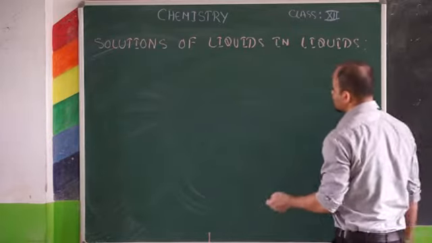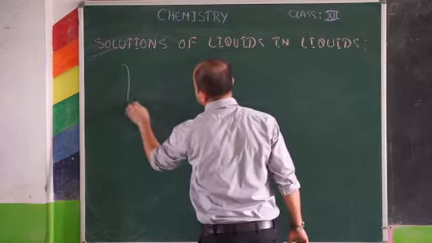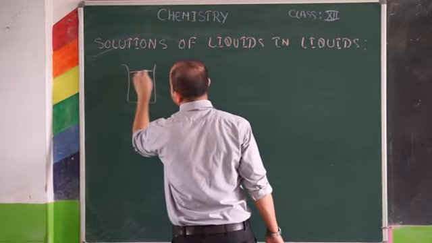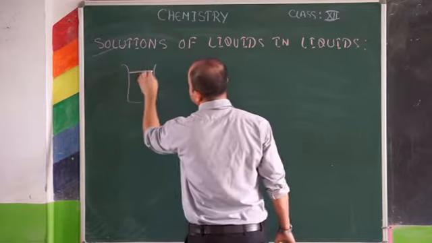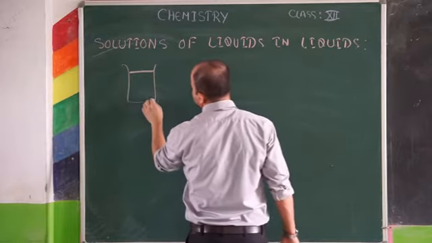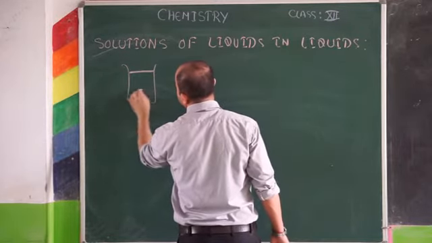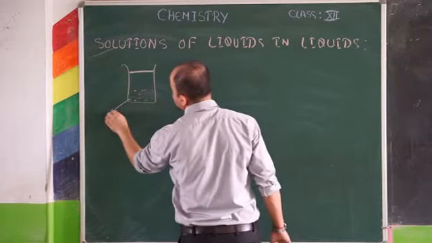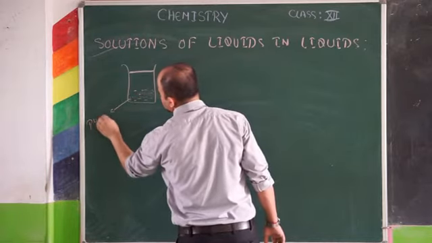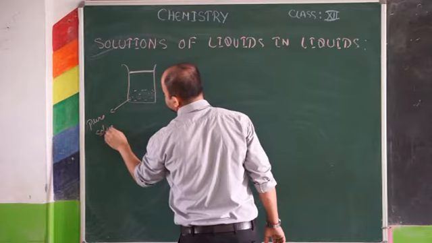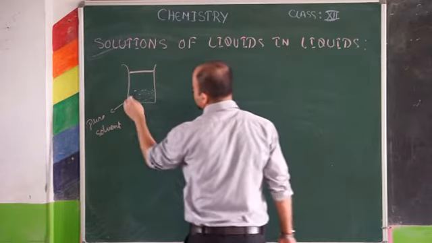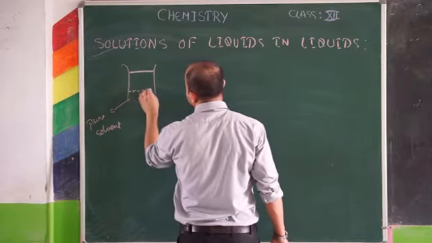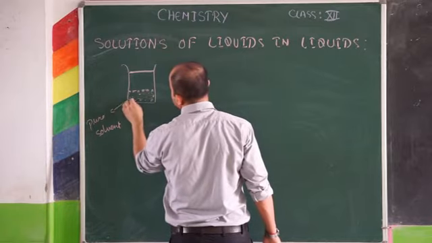Now, suppose you have two containers. Let's discuss the first container. Suppose this container is closed. Here you have a liquid, a pure solvent. These solvent molecules occupy the surface, not only the surface, everywhere. Yes or no?